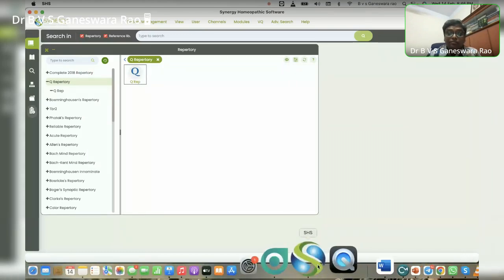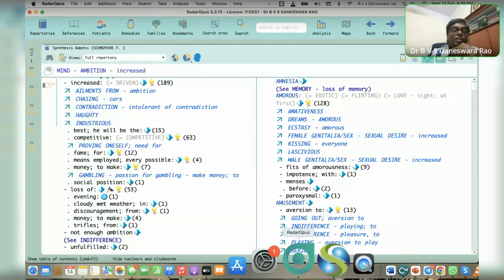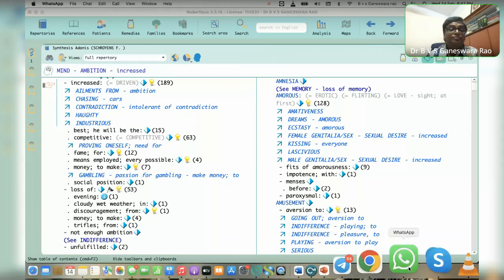And then, using the repertory in a logical way also helps. So recently I was going through an injury case, an injury in the elbow. It got separated. I would like to show it from my case.